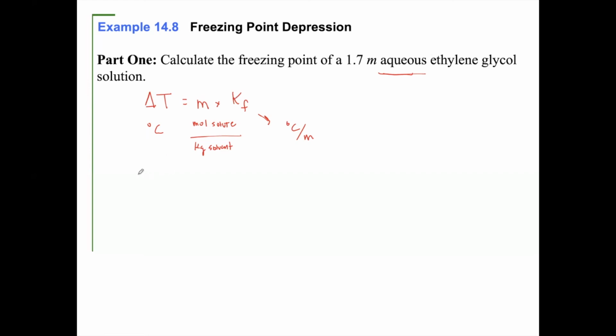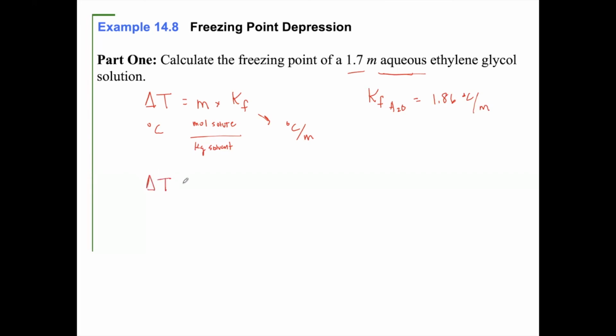So according to the book, the freezing point depression constant for water is 1.86 degrees Celsius per molal. We've been given the molality. So we just need to find delta T, right? This is a plug-in problem.